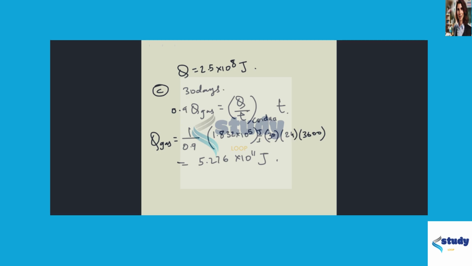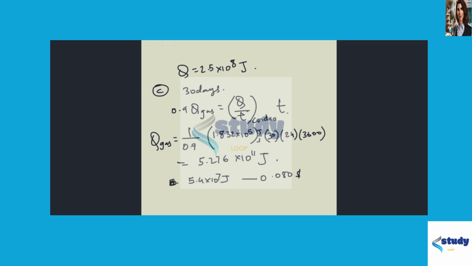Now, each kg of gas gives you 5.4 into 10 power 7 joules of energy, and that costs $0.080, I'm sorry, 8 cents.